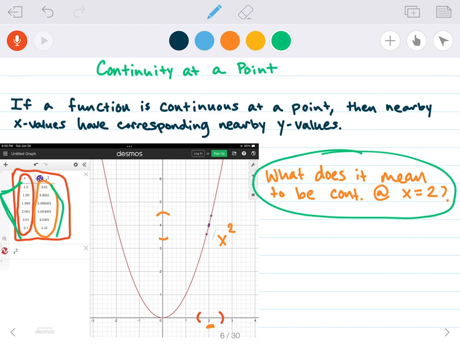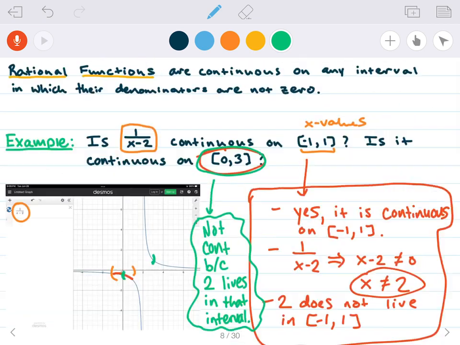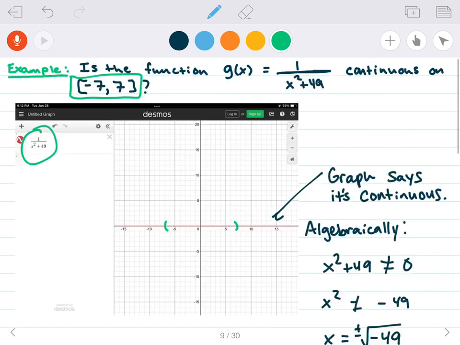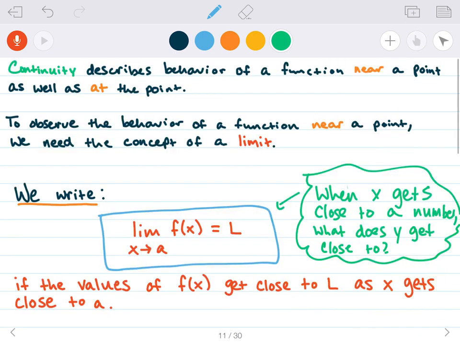The closer x gets to 2, the closer y gets to 4. Okay? That's the whole idea of a limit, and we're going to do plenty of examples, so don't worry. I know this is unfamiliar, and a lot of calculus students don't like limits when they first see them, but I'm going to try to make this as painless as possible.